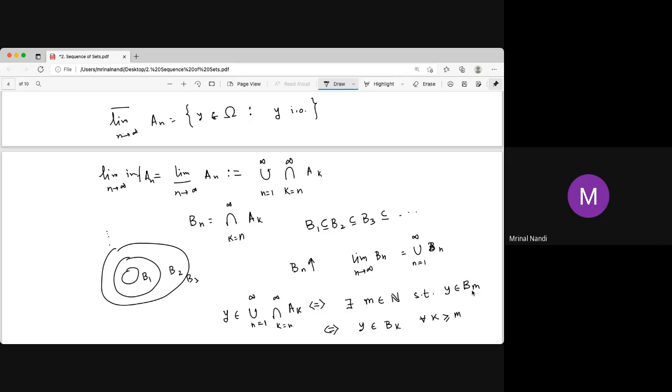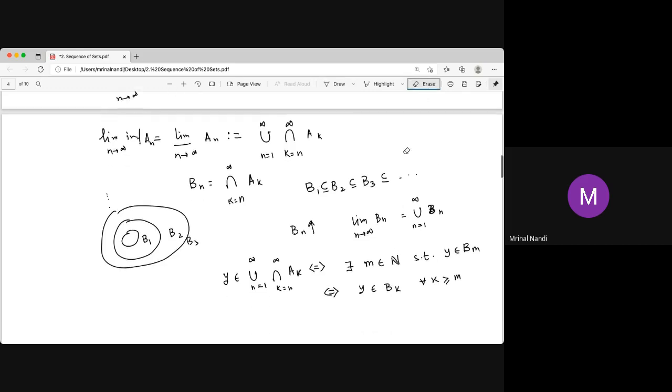So A_m intersection A_{m+1} intersection A_{m+2} and so on. So y belongs to A_{m+1}, A_{m+2}, for every n greater than or equal to m, y belongs to that set. That means it is eventually there. After some time, y belongs to every set A_i in the sequence.